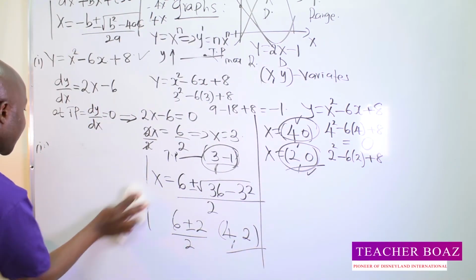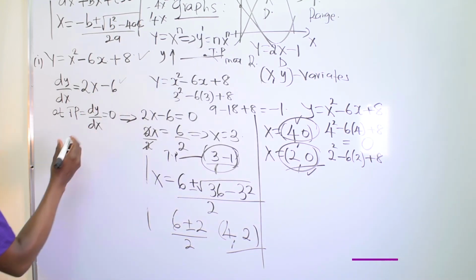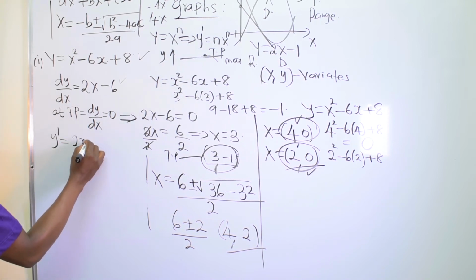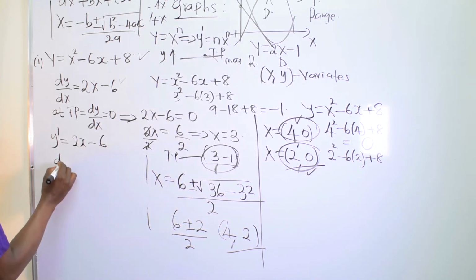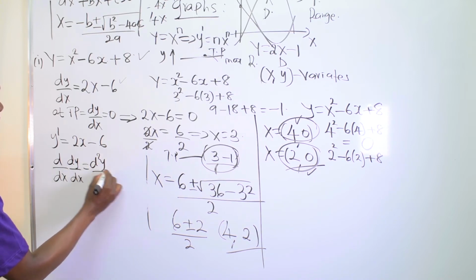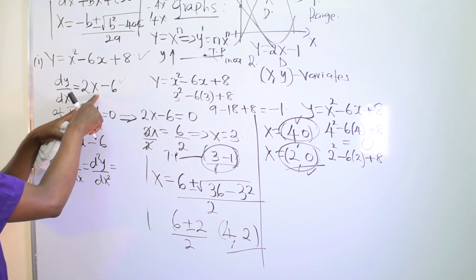Now let me explain. You can come back here and say whatever we differentiated, our y prime, was 2x minus 6. Then I differentiate it again, and I get d2y by dx2. So when you differentiate here, what do you note?